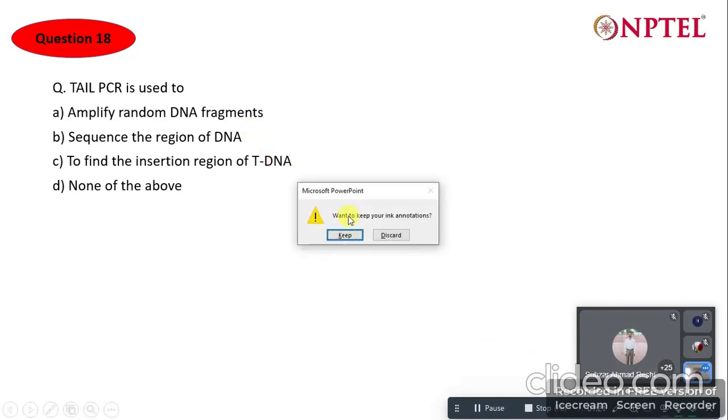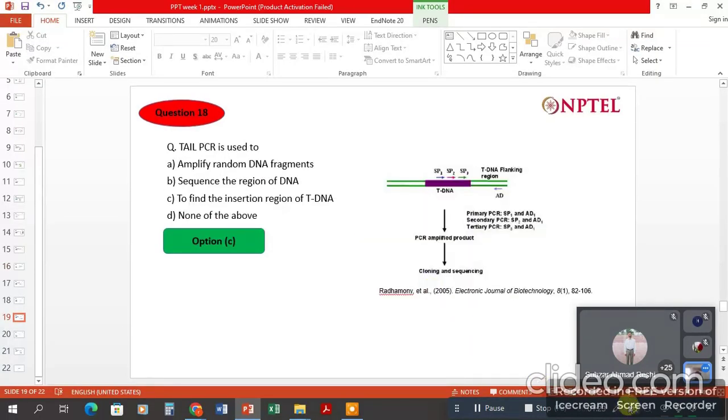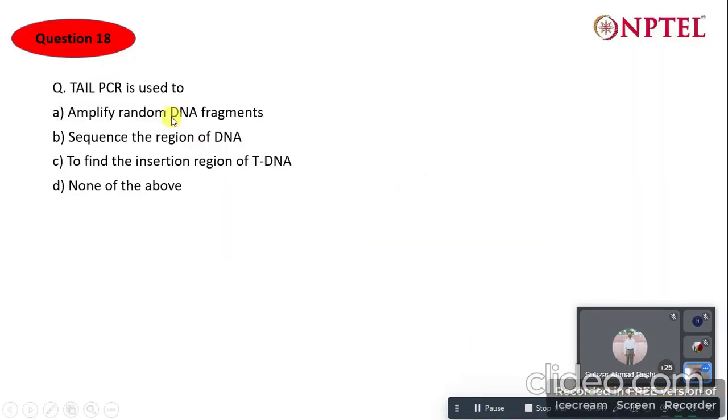Is it visible now? Yes, sir. So what is TAIL PCR used to do?